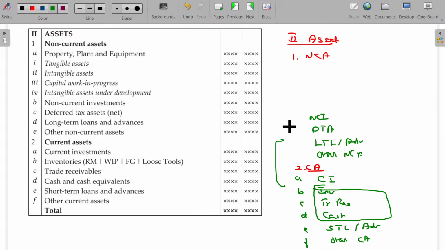Hope you'll now be able to understand. And apart from that, A, this is B, C, D, E. Very simple. In A, property, plant, and equipment. In property, plant, and equipment, we have tangible assets and intangible assets. In case of tangible assets, work in progress, and in case of intangible assets, work in progress, otherwise under development. So that's how you can easily remember what items will fall under the statements.